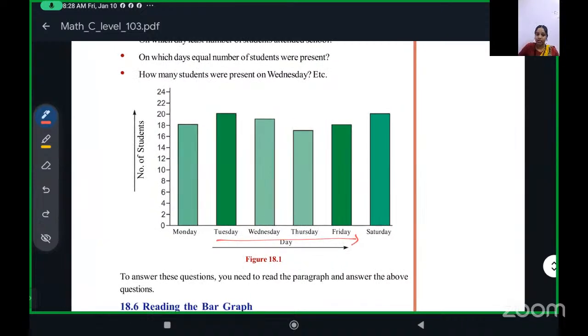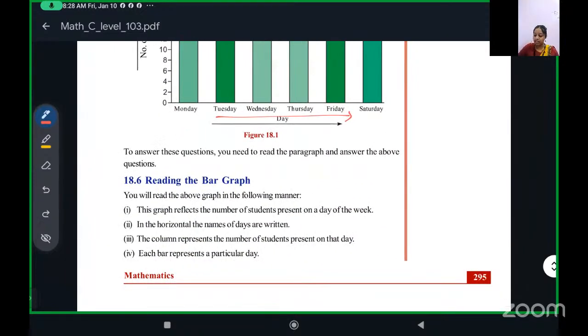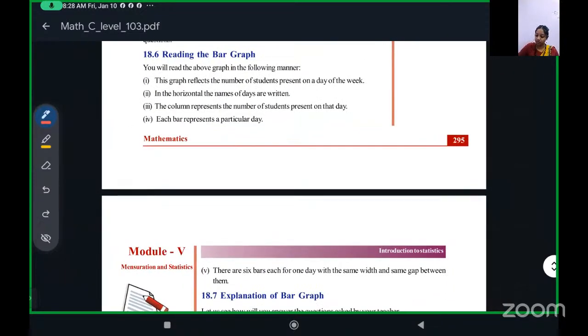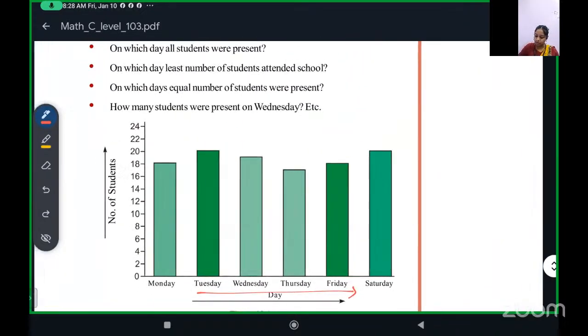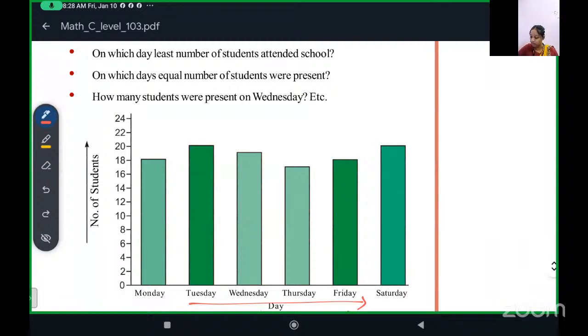Ma'am, the people in the book have made two errors. What are those? The first error is that the arrow has to be underneath the number of students and has to have an arrow on both sides to show that it's from 0 to 24.